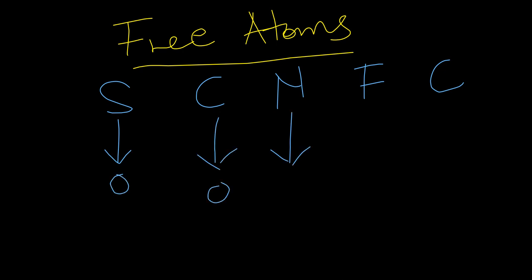Very important to remember this. For every atom, once it stands alone and it is not bonded to any other atom in a compound or in a molecule or even in a complex ion, that atom has oxidation number zero.